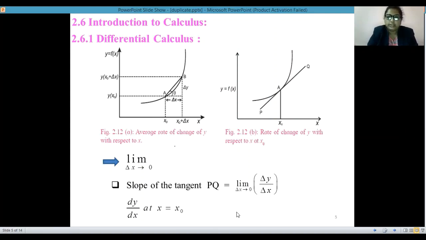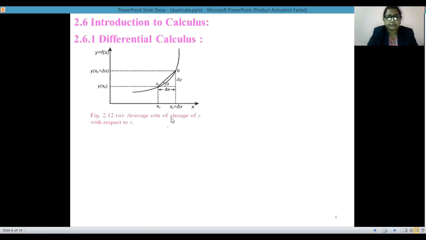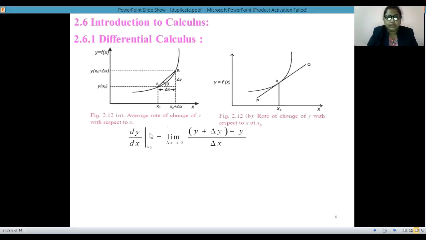Thus, dy by dx at x is equal to x0 is equal to the limit of delta x tends to 0 of delta y by delta x.